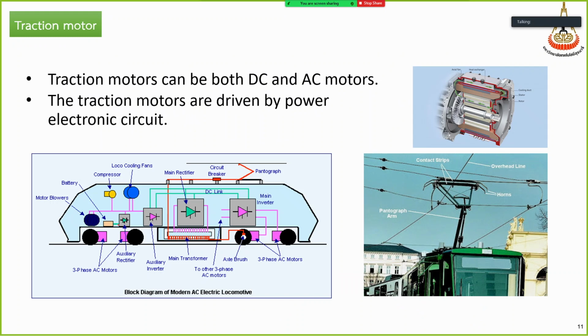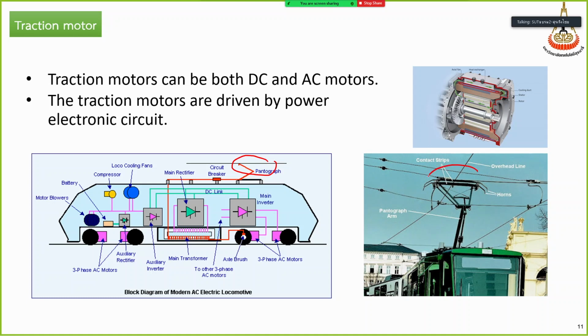The controller sends the power, the pulse signal, to the motor. We also have another special machine, the traction motor. The traction motor can be both a DC and an AC motor, and it's usually driven by a power electronic circuit. The traction motor is in the electric train, which consumes electric power maybe from the pantograph here.